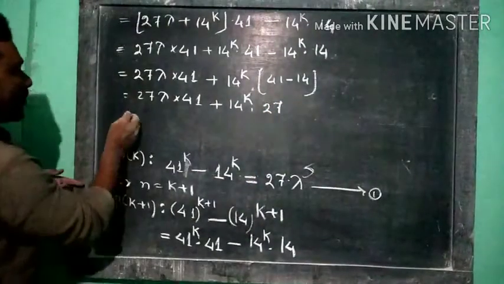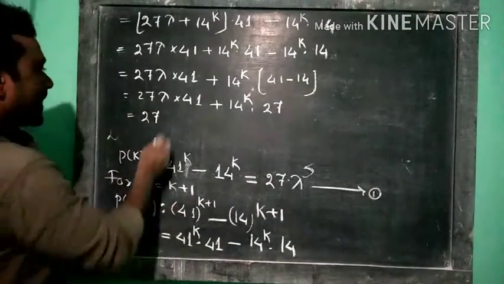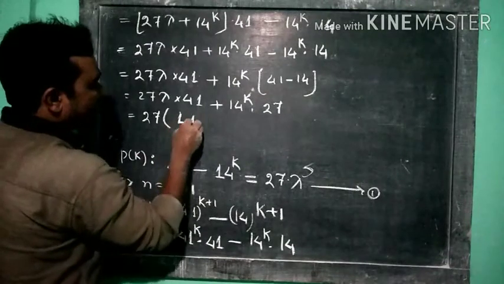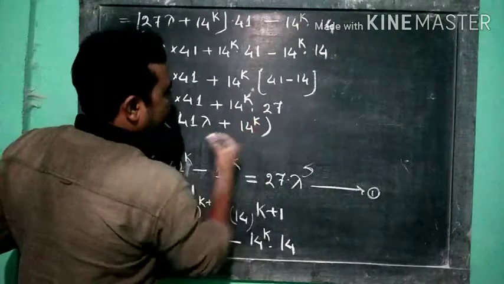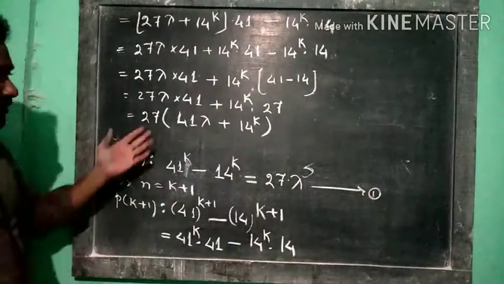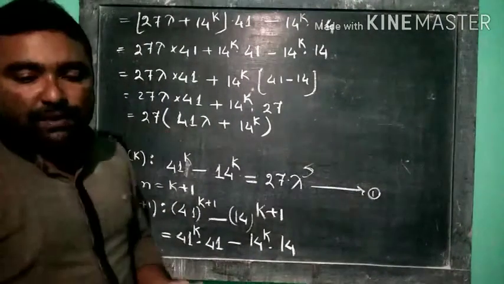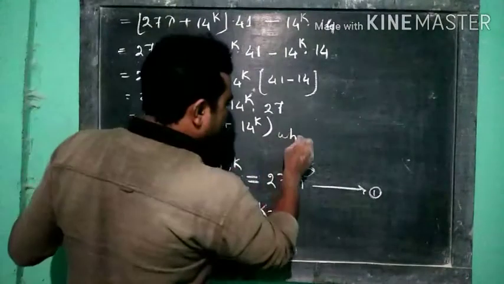Now taking common 27 of these two terms, the remaining is 41 lambda plus 14 to the power k. So it is a multiple of 27 because 27 is multiplying with this number.